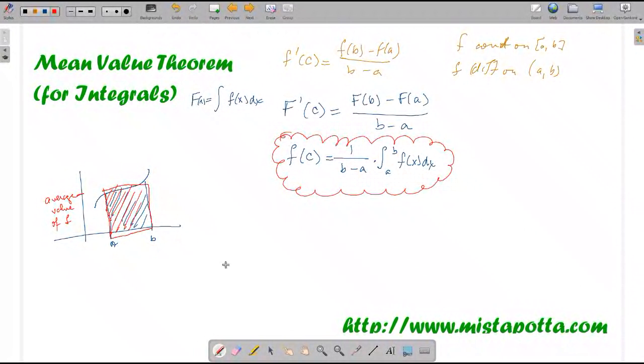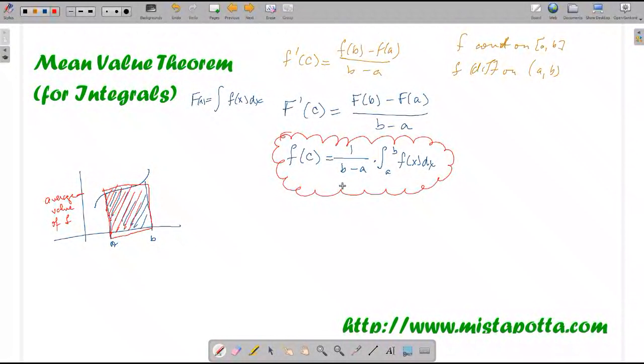So in other words, if I wanted to find the average y value, the average height that this function reaches on a domain, I'm basically finding out what's the y value where this rectangle with a horizontal top has the same area as the area under the curve.